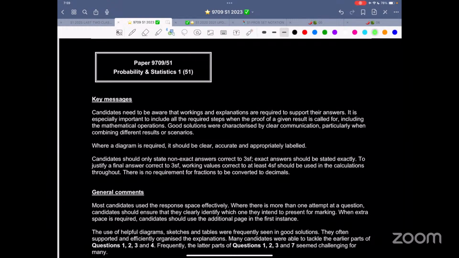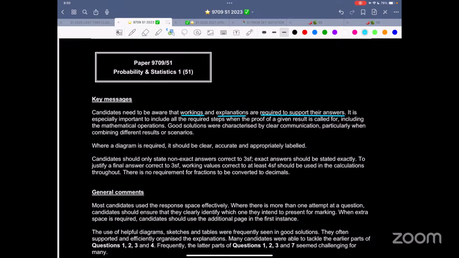Over here, it says candidates need to be aware that workings and explanations are required to support the answer. So this is a common sense thing. You need to give the working, you need to give the explanation where necessary in order to support the answer.